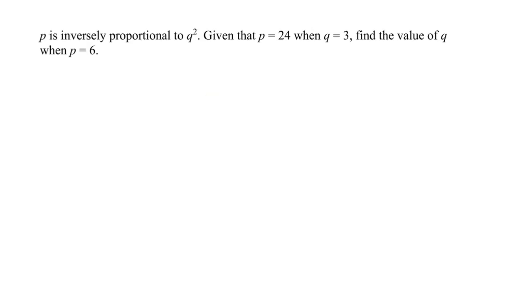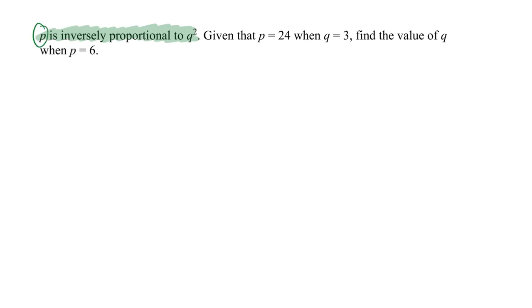Hello everyone, welcome to this question where we are given P is inversely proportional to Q square. Okay, so from this statement, then I could tap on the general equation of this.